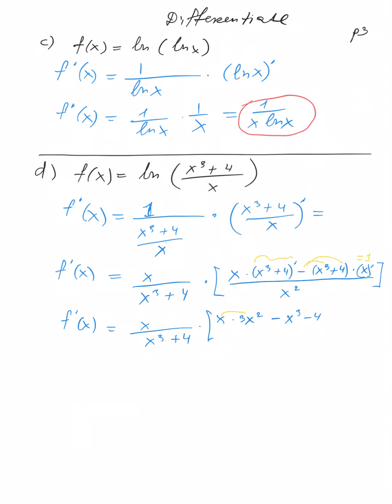It's going to give me 3x cubed here, just so we are not mixing up with the first expression. Then the denominator is just x squared. Let's clean it up just a bit.